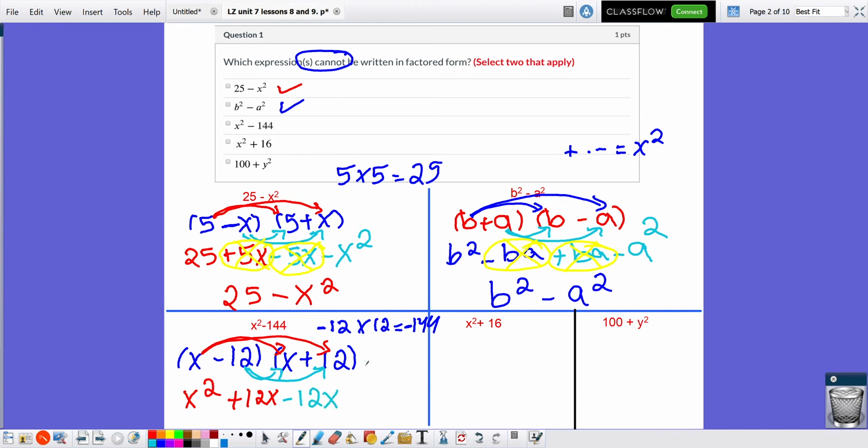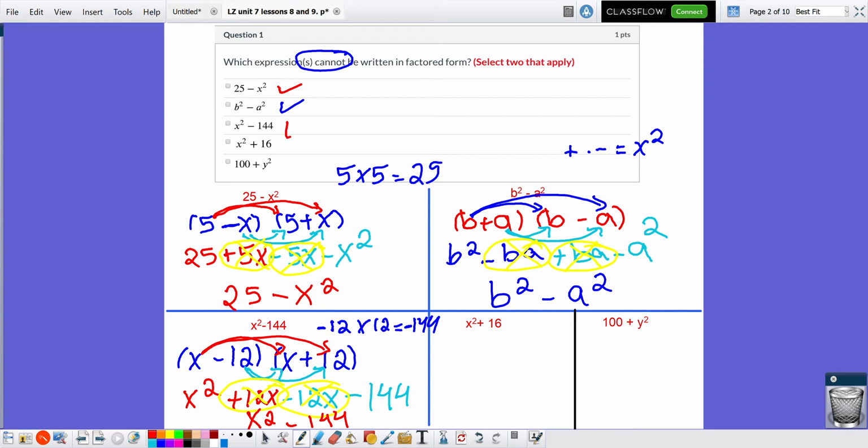Negative 12 times 12 is negative 144. So when you look here, positive 12x and negative 12x will cancel, and you are left with x squared minus 144.